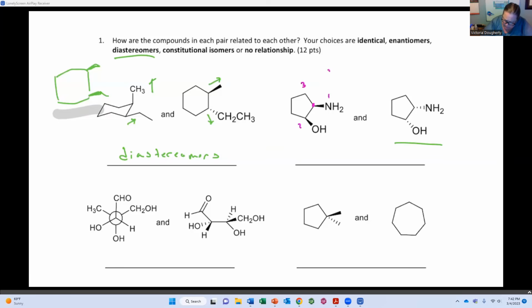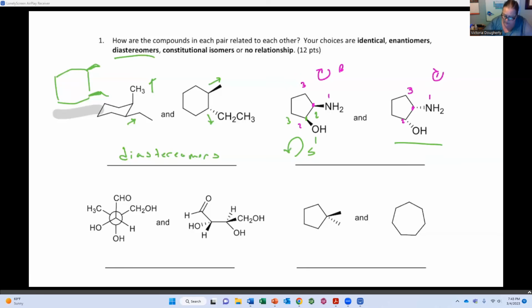For those of you that cannot see that, if I look at this stereogenic center and assign priority 1, 2, 3, this would be R. Look at this stereogenic center, assign priority 1, 2, 3, this would be S. Come over here and do the same thing: 1, 2, 3. It's clockwise, but it's going behind, right?